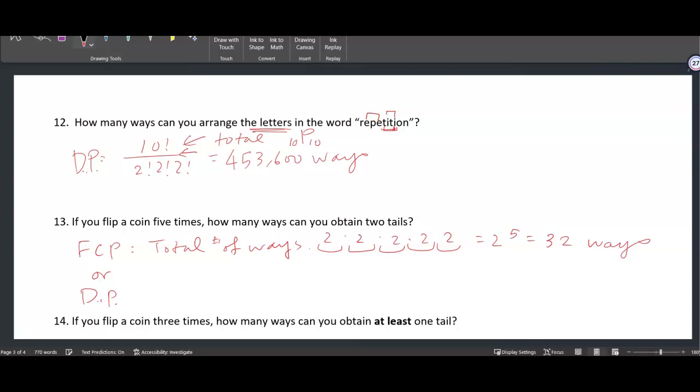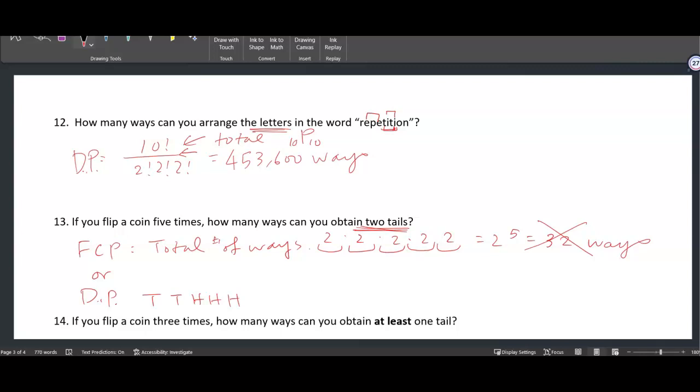Did they ask for the total number of ways to flip the coin 5 times in any part of the question? They didn't ask for the total, and in fact, they asked specifically for 2 tails, right? So you cannot just leave it at 2 tails, because there are 5 flips, so that means the other 3 are heads, right?